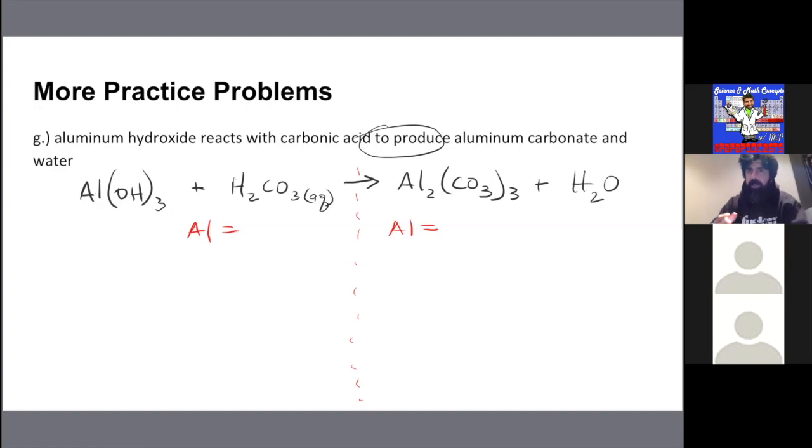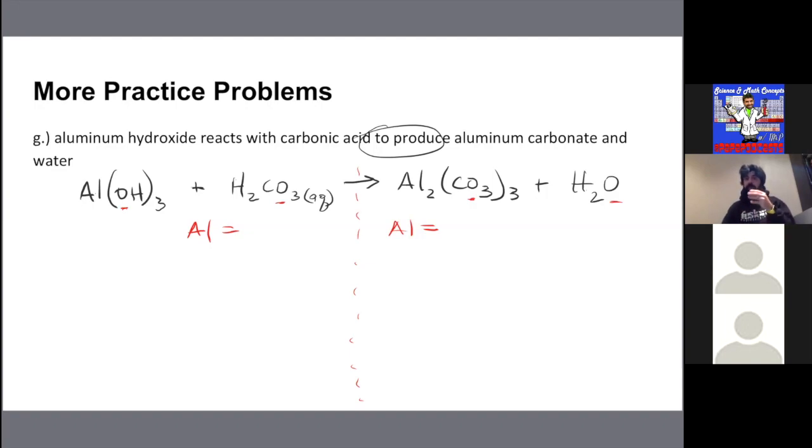Remember at the beginning of this chapter when I asked you to count the elements? Here's the thing. I've got oxygen here and I've got oxygen here. I've got oxygen here, I've got oxygen here. When we balance, which oxygen are we going to balance? This is where the difficulties lie.